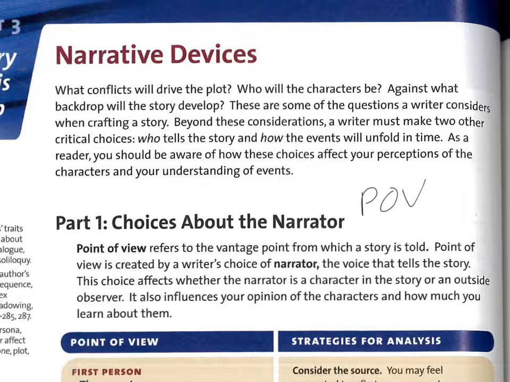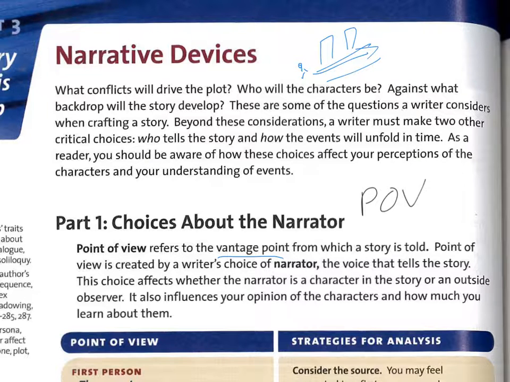So let me explain a couple of those terms. Vantage point. Okay, this is a term used in art also. So let's say this is the city street and these are the buildings. Your vantage point is you're here and you can look this way.